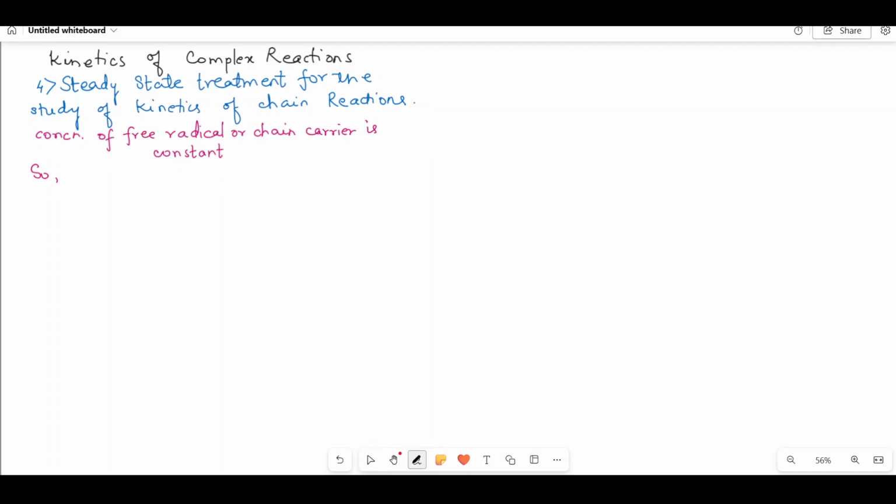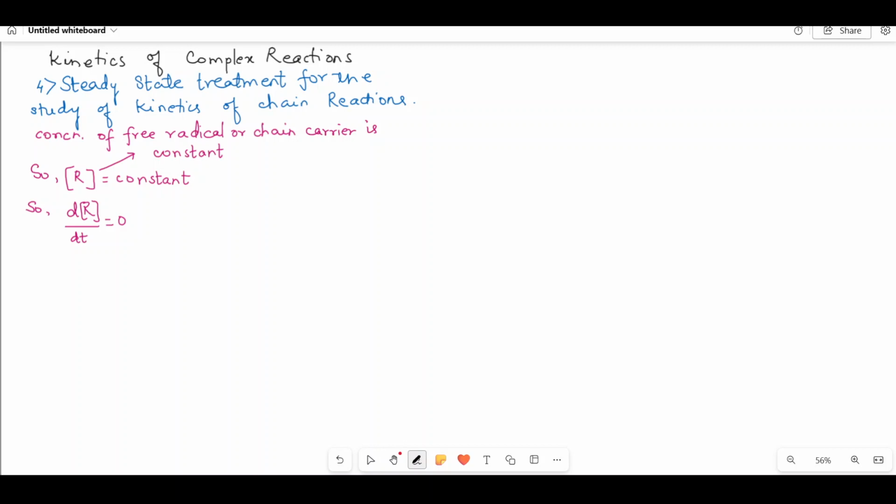So R will be considered as a constant. That is, R is nothing but free radical, or you can say intermediate chain carrier. So dR by dt, the concentration of this free radical by dt, will be equal to 0.